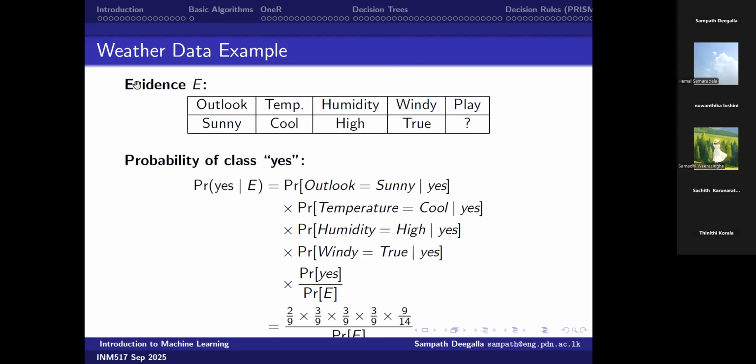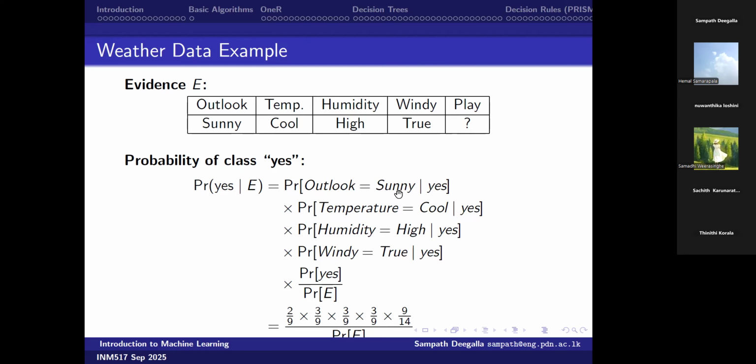Applied to the previous example, the evidence is our new date. Given the event is yes, given this new date, we want to find out the probability of class play is yes. How do you do that?